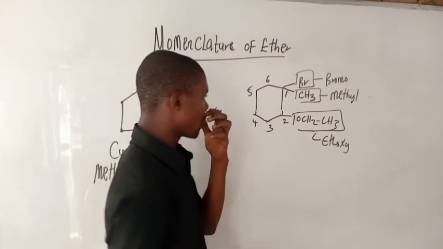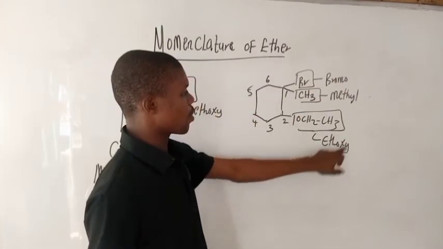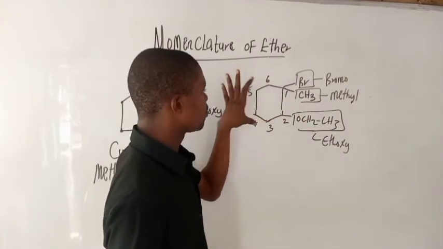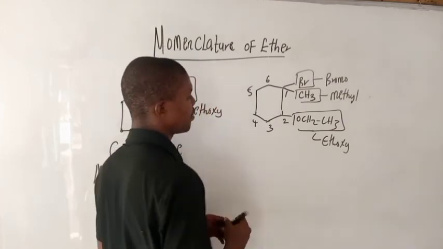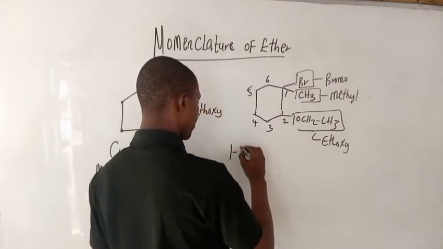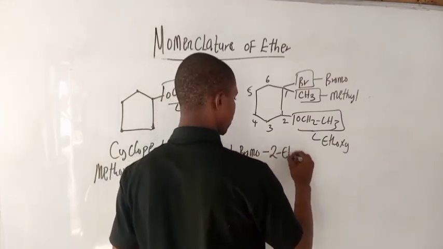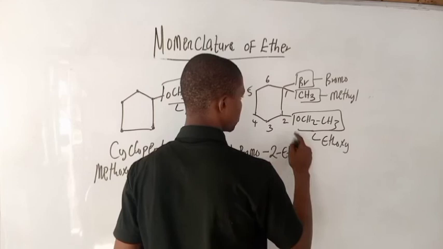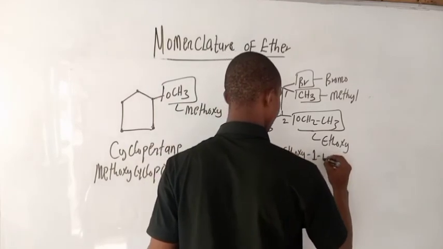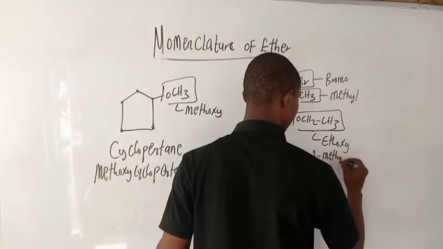So the name will now be: B comes before E, and E comes before M, then the parent compound. So here we have 1-bromo, here we have 2-ethoxy, here we have 1-methyl. Sorry.